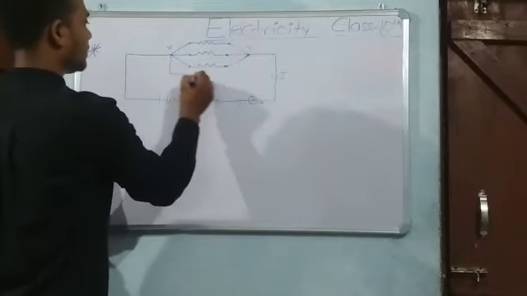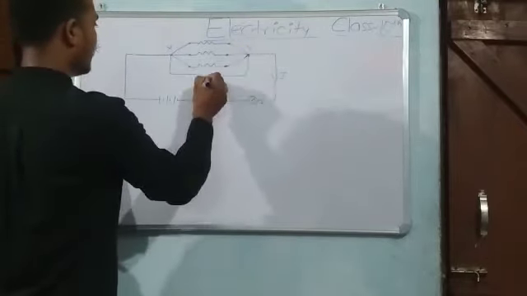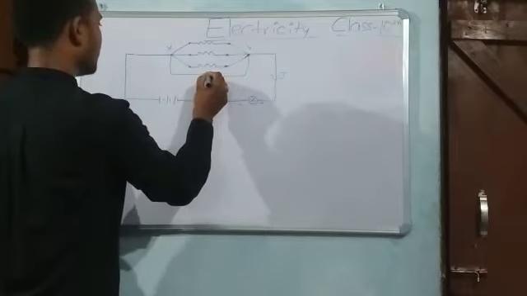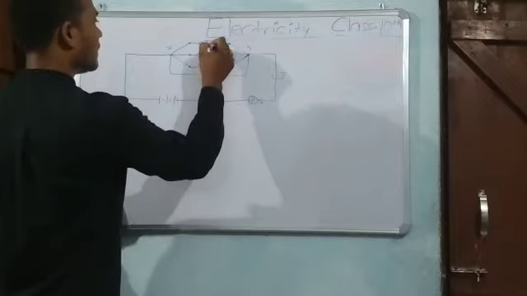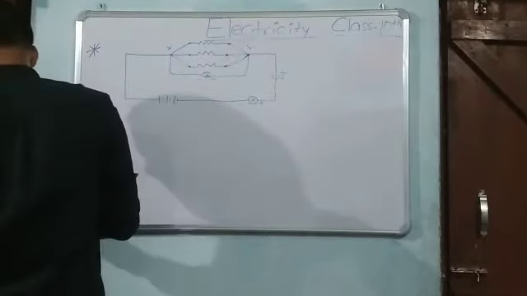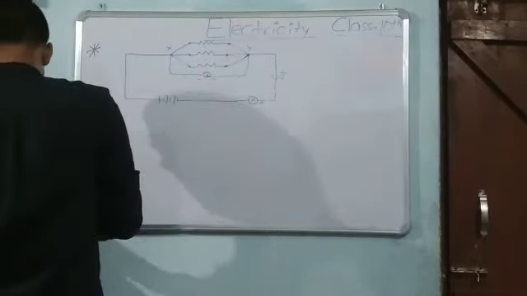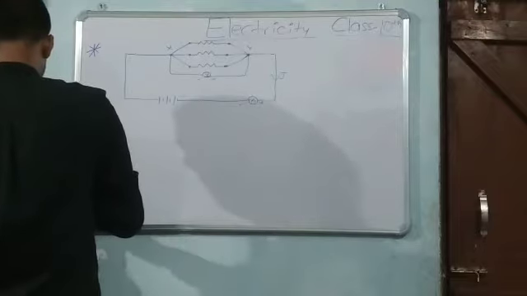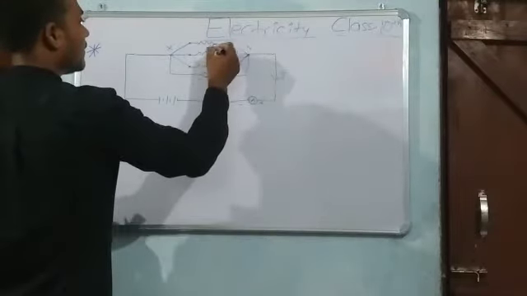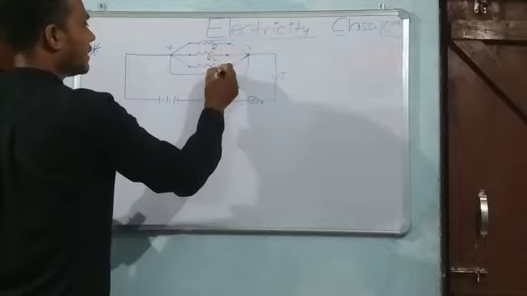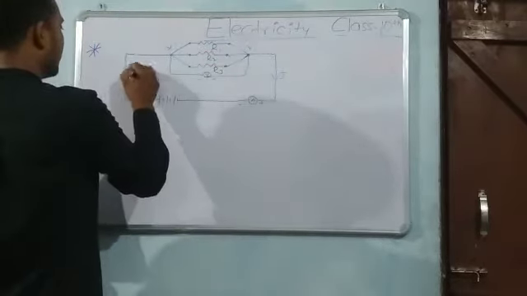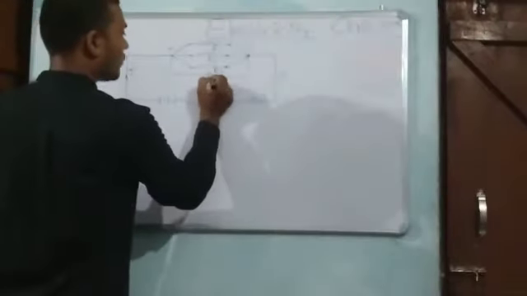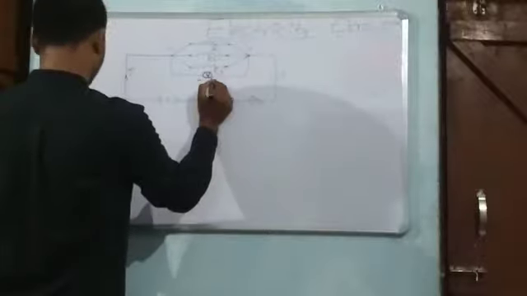Okay, so the potential difference across X and Y is V, and here this figure has R1, R2 and R3 resistors, and the current I flows through the circuit, and V is the potential difference.